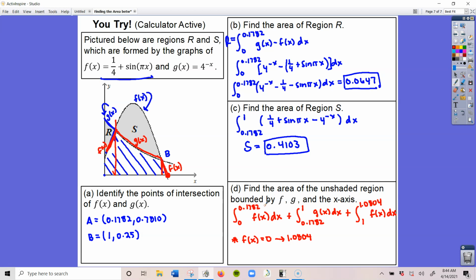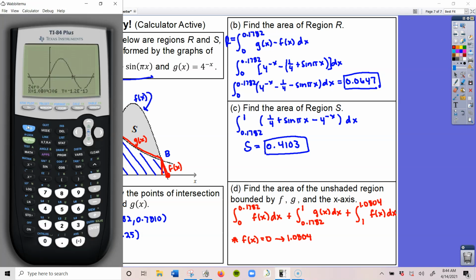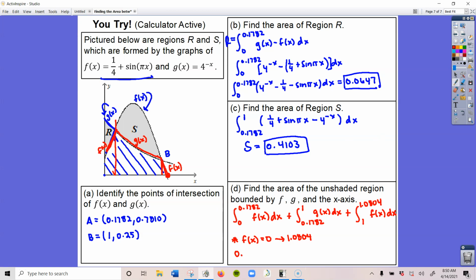So now let's find these values. I already have f of x graphed, so I can already integrate this one here and this one here. So I'm going to go to second calc, option 7. Let's do that first integral, from 0 to 0.1782. And I get 0.0931.